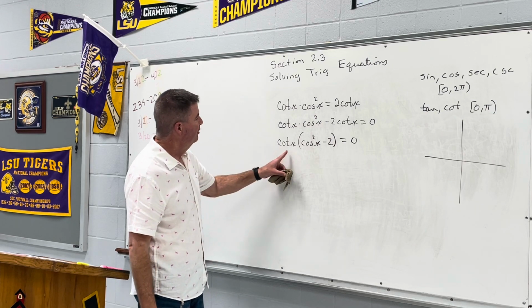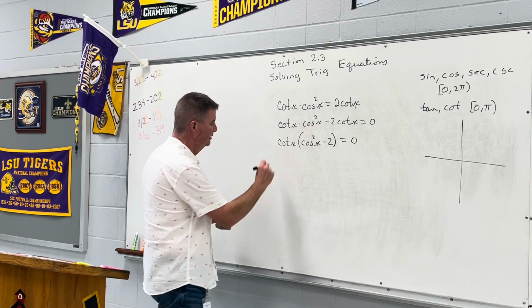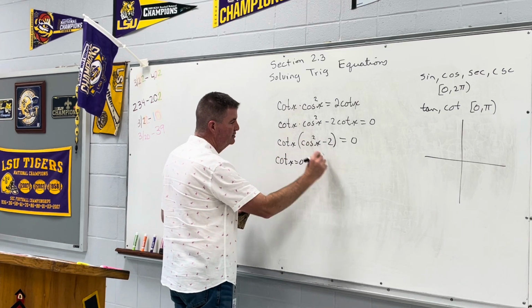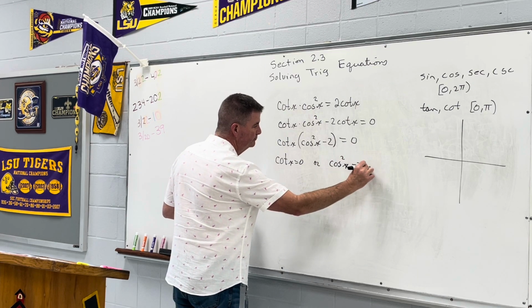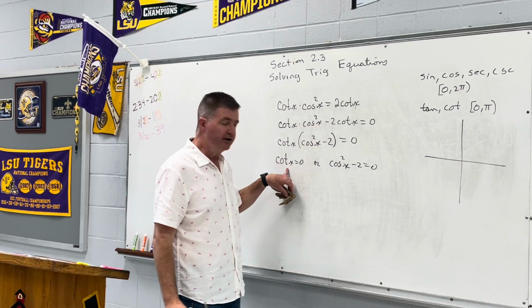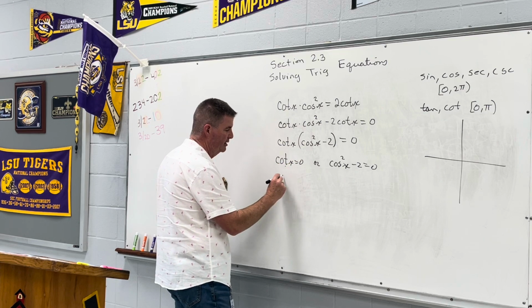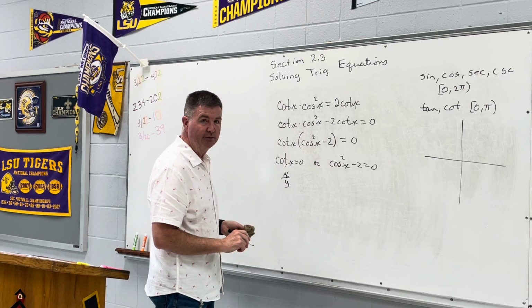So now, both these things multiply together to give me 0, so either this one is 0, or this one is 0. Okay? So on the left, if the first one is 0, we know the cotangent of x equals 0. The cotangent is what? X over y, the x value over the y.